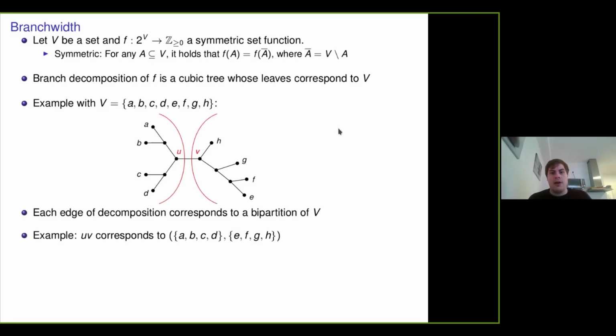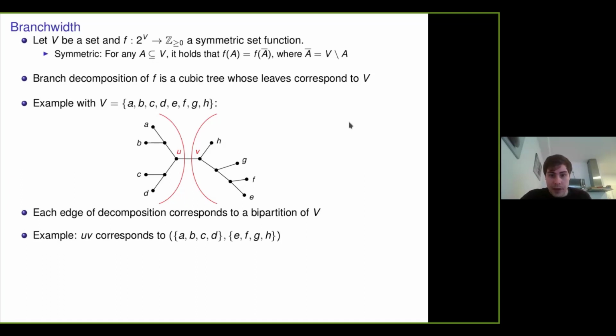Okay, and now each edge of this decomposition corresponds to some bipartition of this ground set V. So, for example, this edge between nodes u and v corresponds to a partition with a, b, c, d on one side and e, f, g, h on the other side.